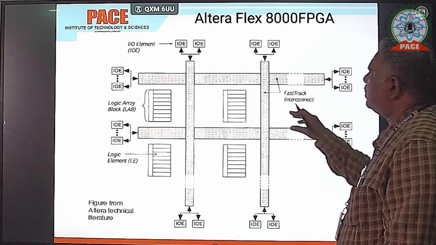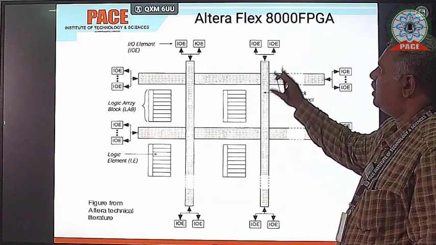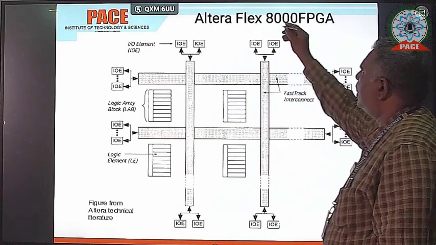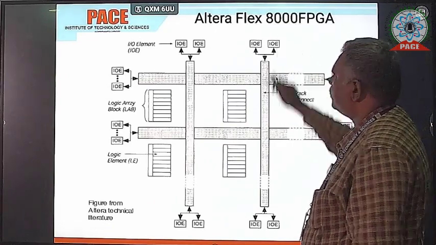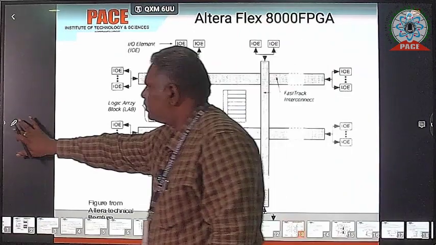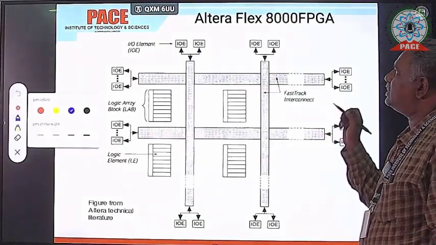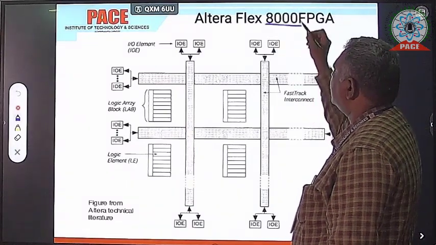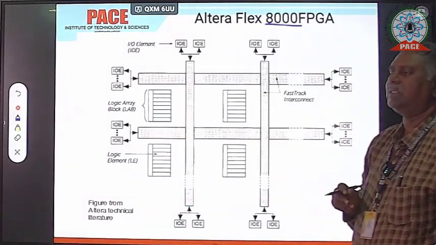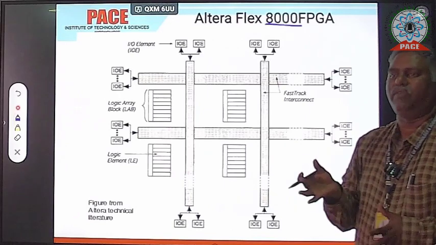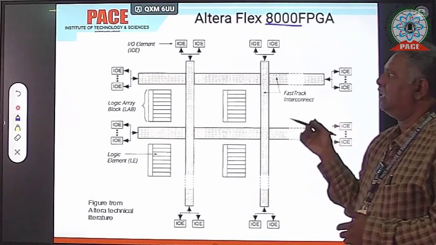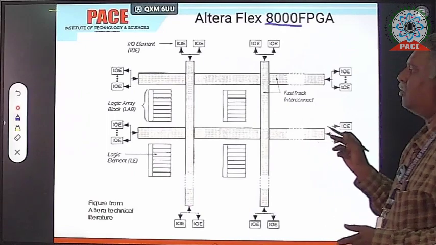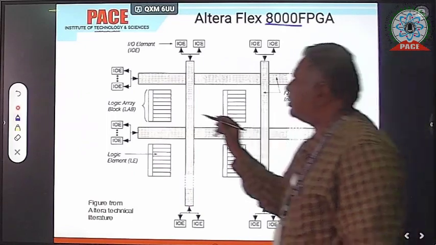Here we are going to have external facilities incorporated in the 8000 FPGA. The previous one is the 4000 and this is the 8000, so there is a difference in the design.